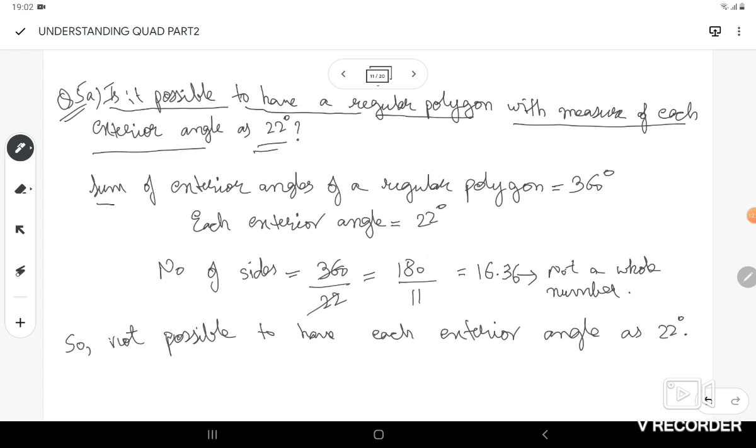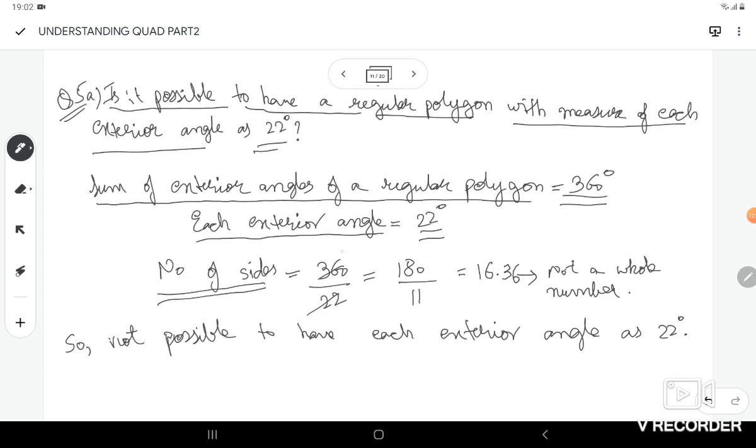So we know that the sum of exterior angles of a regular polygon is equal to 360 degree, and it's given that each exterior angle is equal to 22 degree. So how do we find the number of sides?